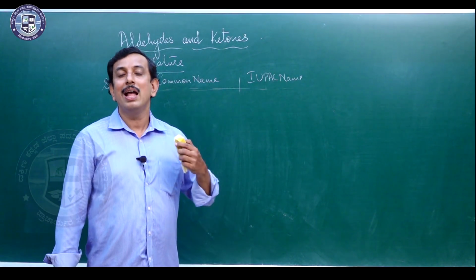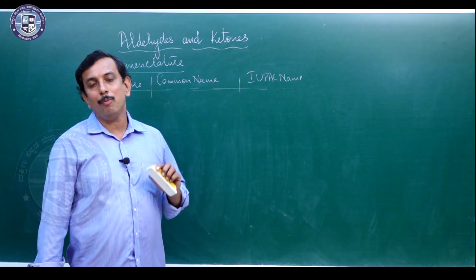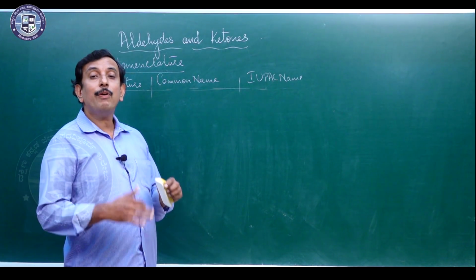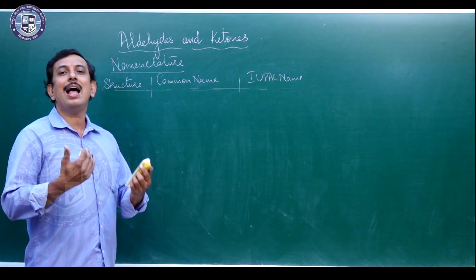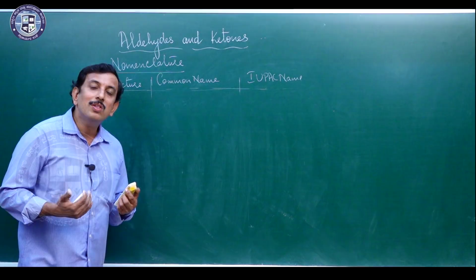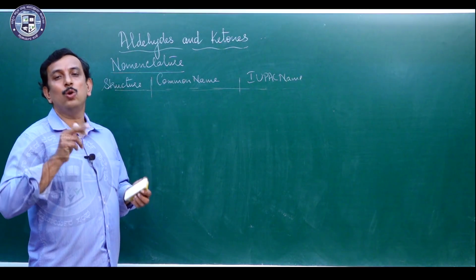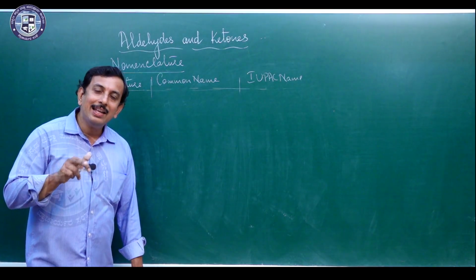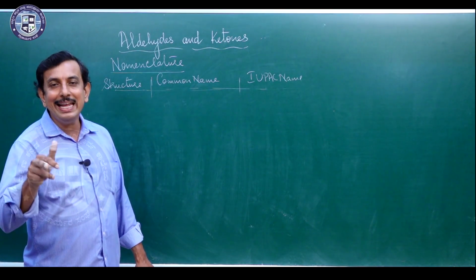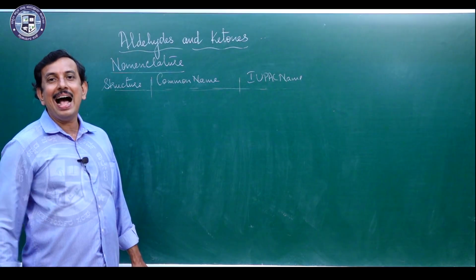Along with that, we have got aliphatic ketones and aromatic ketones. But if I want to name a simple aliphatic ketone in the IUPAC system, then we use the term alkanone, where the ending E of the corresponding alkane is replaced by ONE, alkanone.